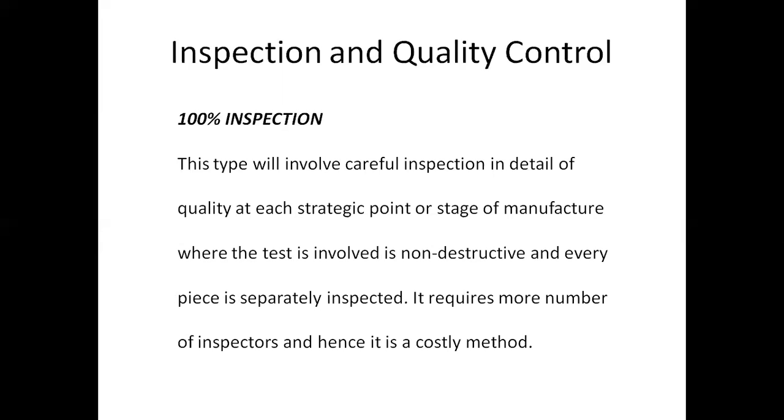Now we have this type, 100% inspection. 100% inspection will involve careful inspection in detail of the quality at each strategic point or stage of manufacture. For example, if we say that there are four stages of manufacture of a car, then we can employ 100% inspection at any stage.